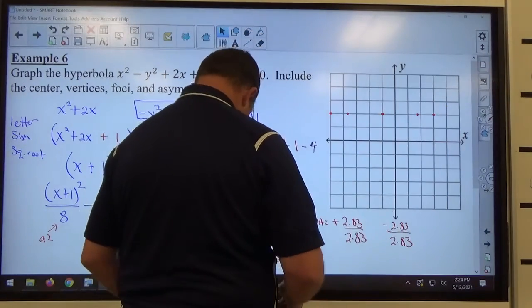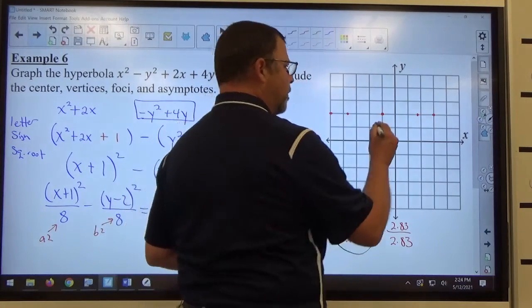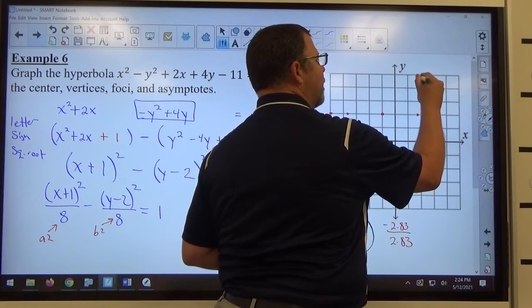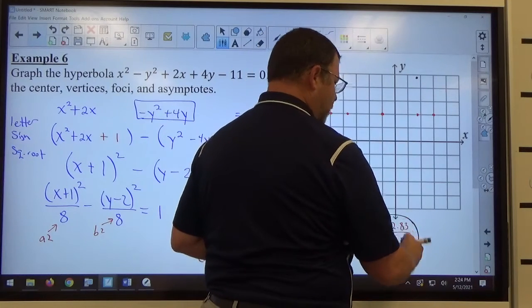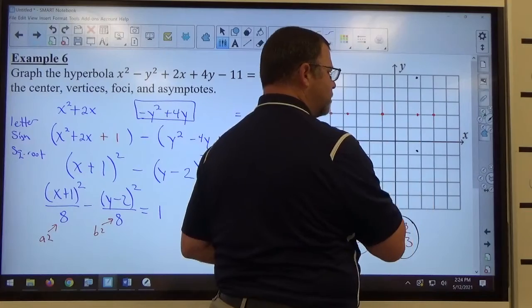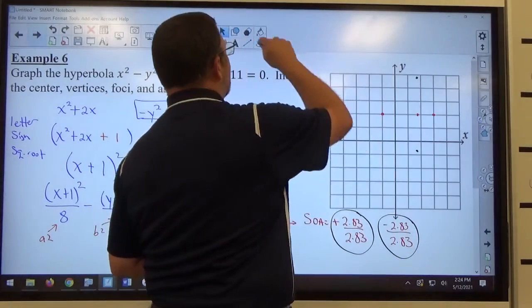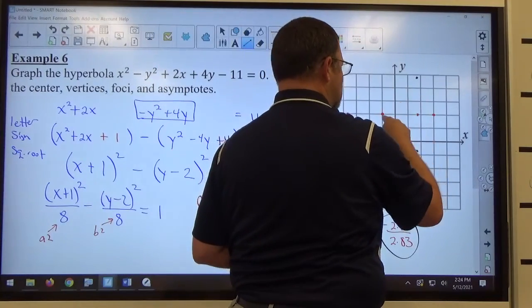And finally, for my two asymptotes, if I take my positive slope here from my center, up 2.83, right 2.83 would be about there. Down 2.83, this one here is down and right, so down 2.83, right 2.83 is about here. The asymptotes are going to connect through the center and the extra point. So make those black.